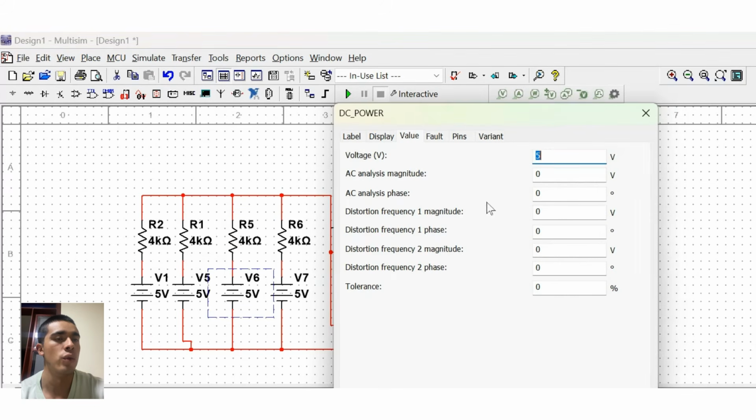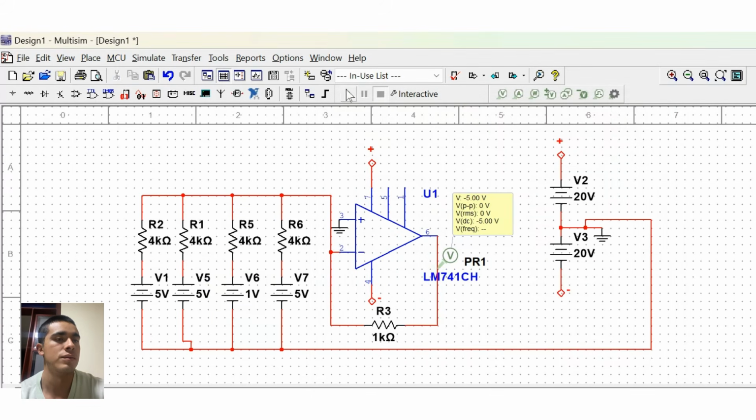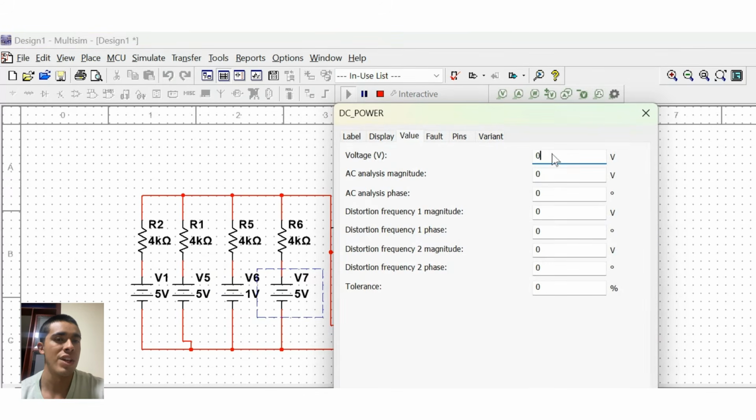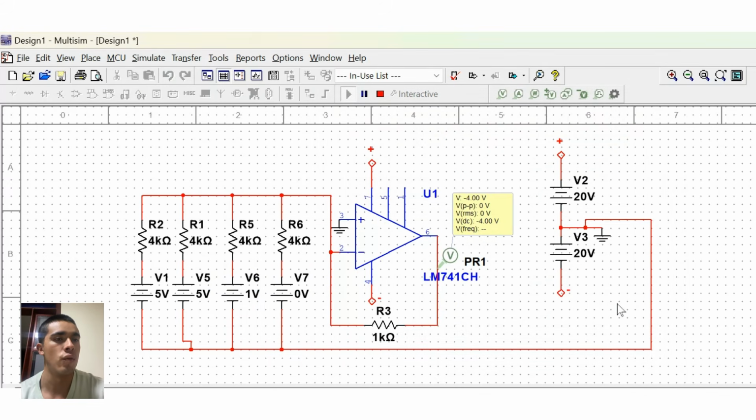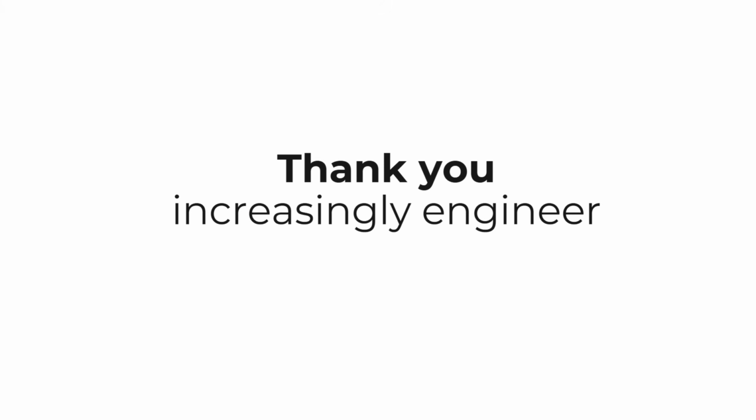Note, the sign is negative. If any of the inputs is changed, the output decreases accordingly. Finally, the circuit is modified again.